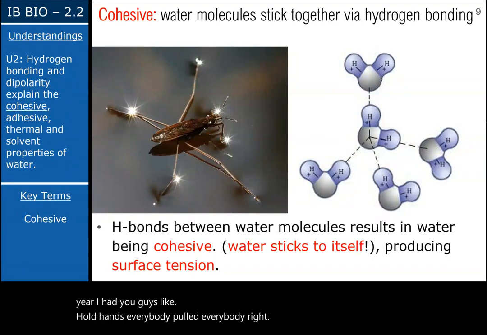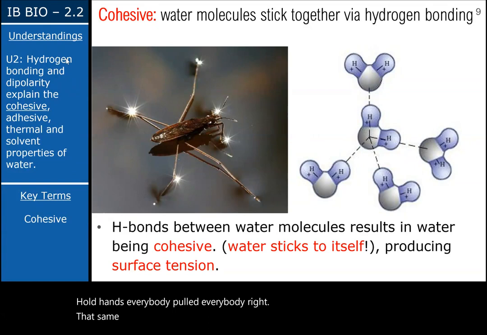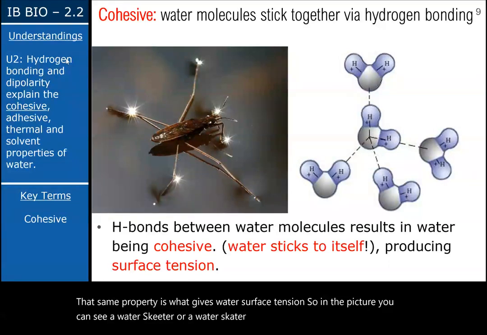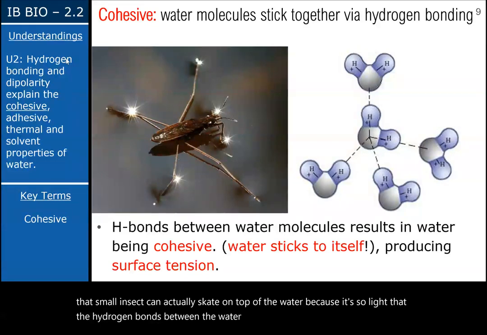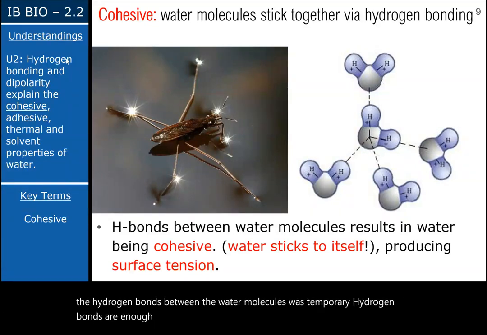That same property is what gives water surface tension. So in the picture, you can see a water skater that's skating on top of the water. That small insect can skate on top of the water because it's so light that the temporary hydrogen bonds between the water molecules are enough to support its weight, right?